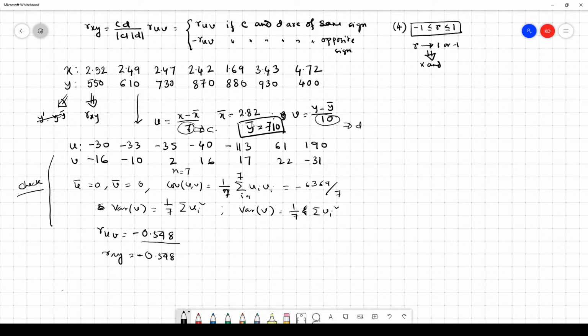Actually, I did the outline of this calculation, but the detailed calculation is your homework. Please do it yourself. This is just the outline of the calculation. Okay, y bar is 710. Can you check this?